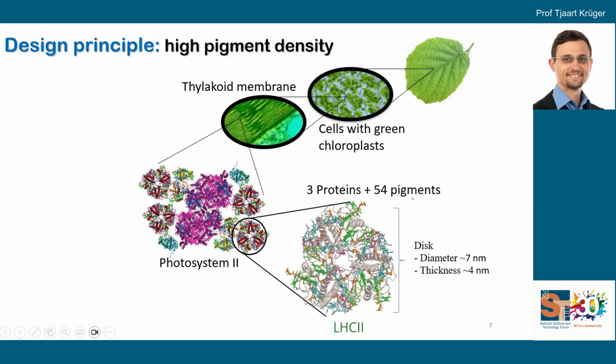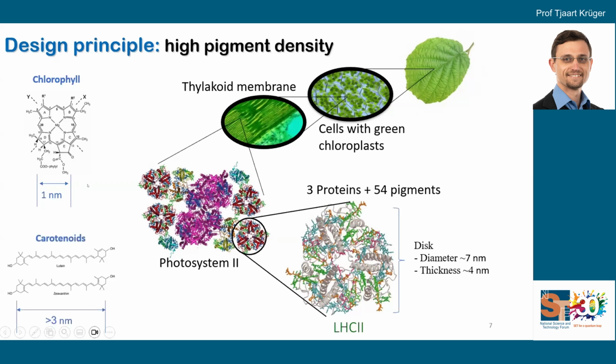The types of pigments that we are dealing with here are chlorophylls, where just the ring of the chlorophyll has a diameter of about 1 nanometer, and carotenoids, which have a length of about 3 nanometers or even greater. So imagine these relatively big molecules, 54 of them, packed into this small space.